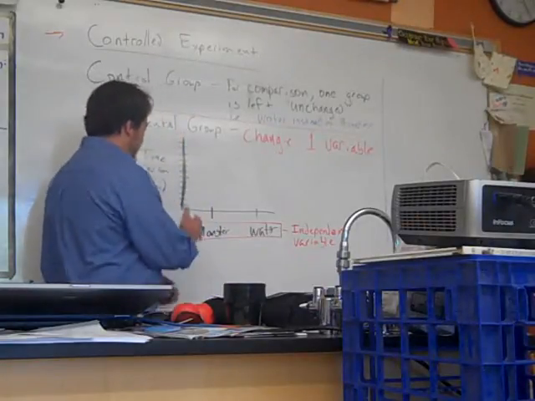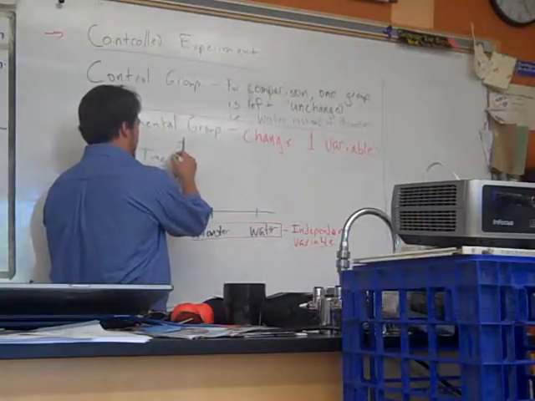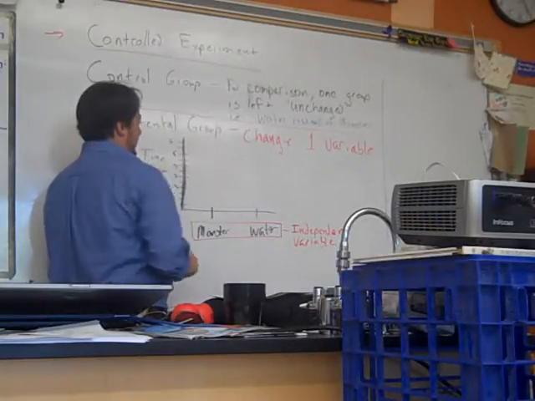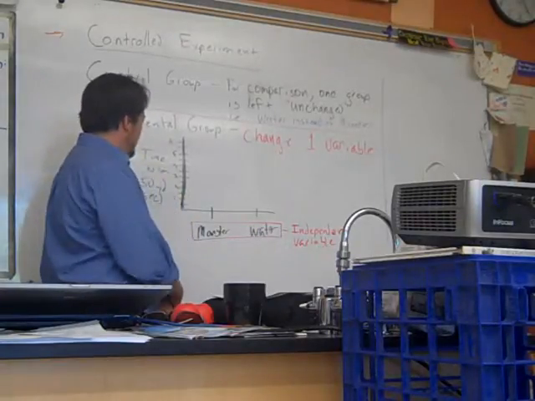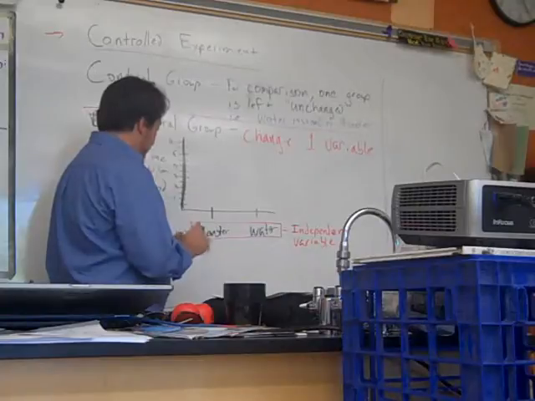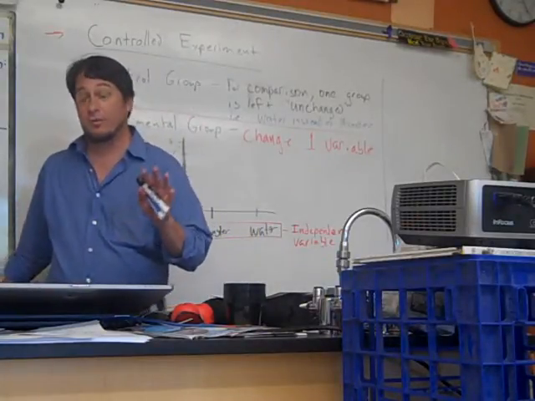So maybe I'll do 1, 2, 3, 4, 5, 6 seconds. After I say this last thing, I'm going to give you guys a couple minutes to make sure you write it all down.